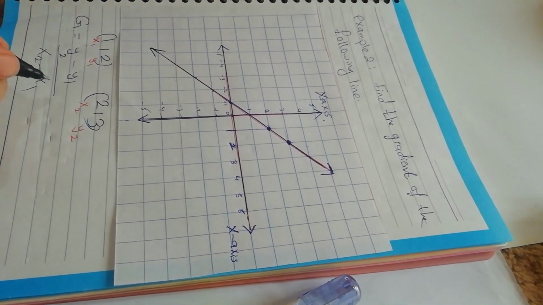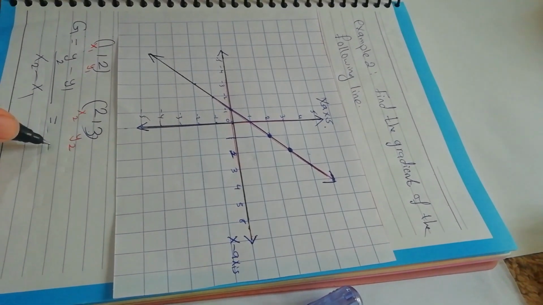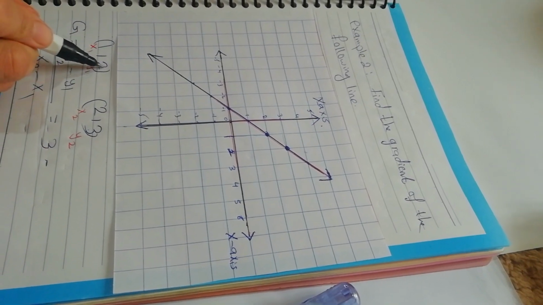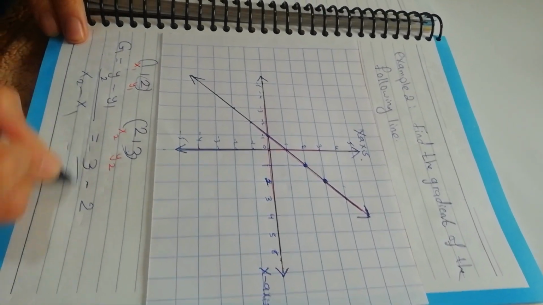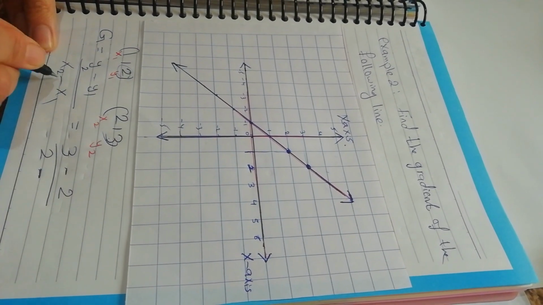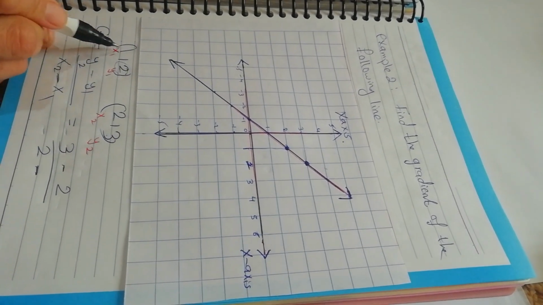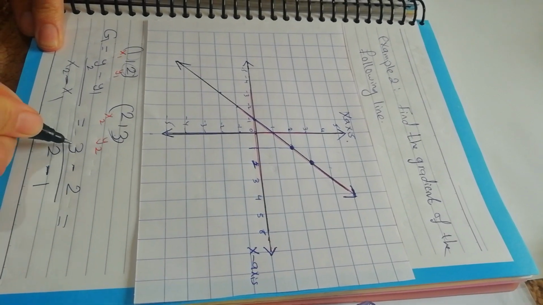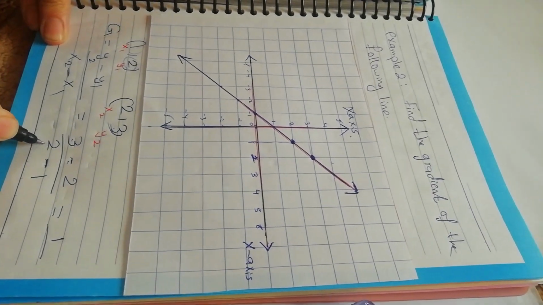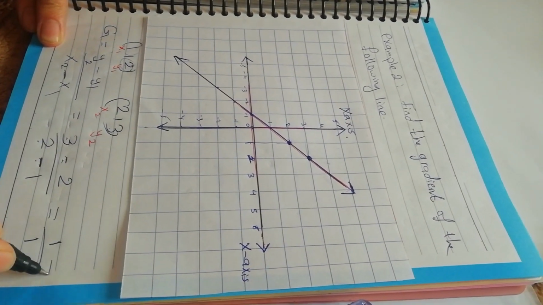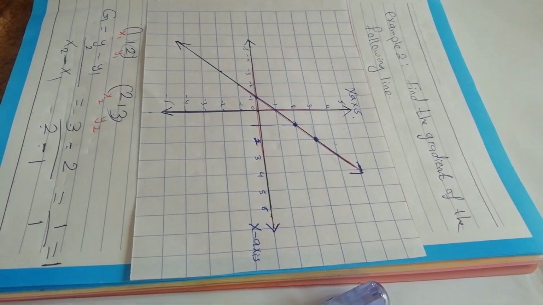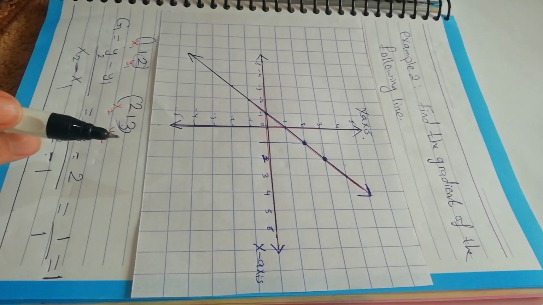Now just substitute. y2 is 3 minus y1, which is 2, over x2, which is 2, minus x1, which is 1. Now 3 minus 2 is 1, 2 minus 1 is 1. So 1 over 1 is 1. So the gradient or the slope of this line is 1.